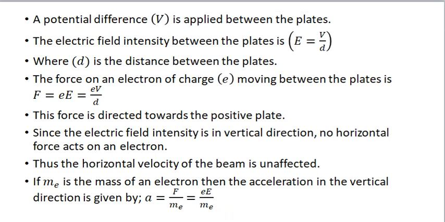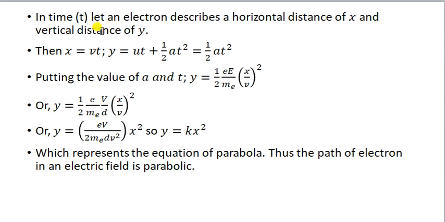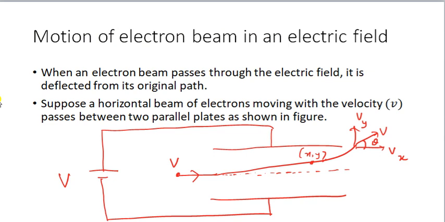Now what we get is, as we know the formula, x is equal to vt, and y is equal to ut plus 1 by 2 at square. The initial velocity is 0 along the y-axis, because if you look carefully at this first figure, the initial velocity is acting along the x-axis only. There is no velocity in the vertical direction.